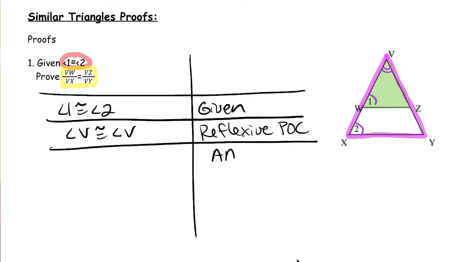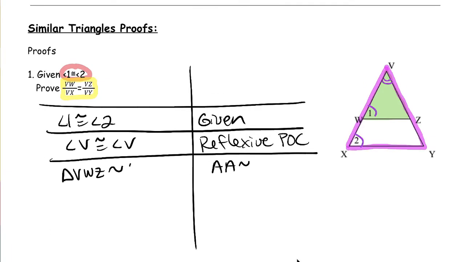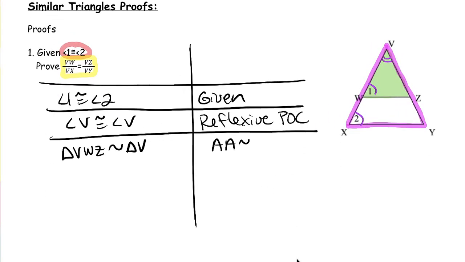When you name these triangles, remember that the order you name them matters. You name the first one however you want. I'm going to say VWZ. And then remember that this is similarity, not congruent. The similar sign is just a little squiggle. And then you want to match up your corresponding angles. So since V is the same angle in both triangles, we will start with V. W was where angle 1 was at.